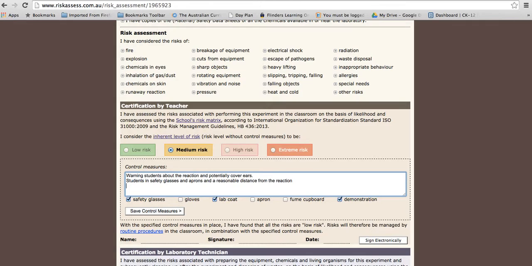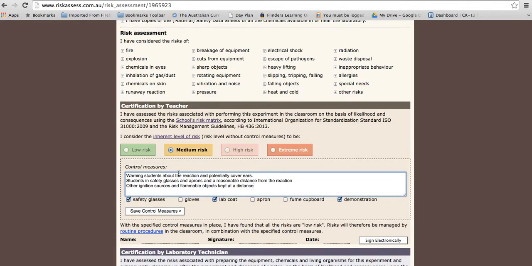Okay, and lastly, it's hydrogen gas, so it's not going to spread, but other ignition sources and flammable objects kept at a distance. Okay, so that would include also having your gas taps turned off, not having any other open flames in the room, all those kinds of things.